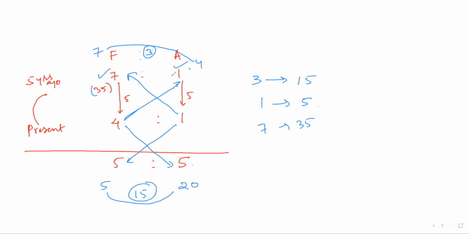Actually this is 35 and this is 5. Present age is 5 years later, so this will be 40 and this will be 10.